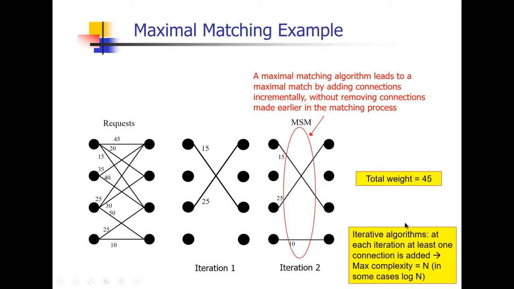Since at least we have to increase the number of connections by 1 at each iteration, the maximum number of iterations is n, but with some algorithms we can also reduce the number of iterations to log n, which is more efficient.